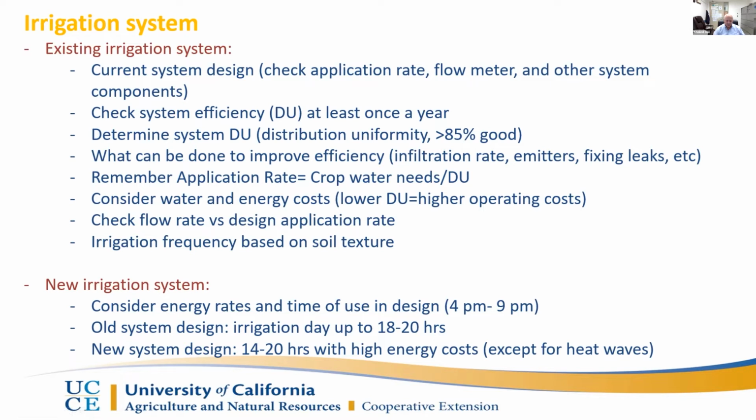Is it higher than the design rate, lower than the design rate, or just about the design rate? If it is higher than the design rate, I am sure I have some issue in the system. Maybe I have a leak, and then I have to walk into the field and find out what's going on, or the source of that leak.